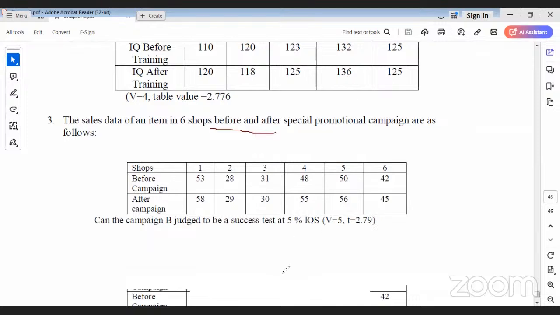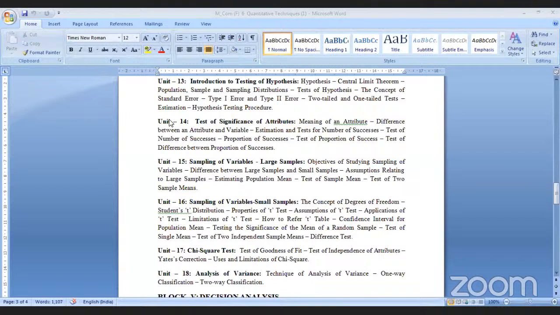Okay, so with this we completed this unit also. Wait a minute. We'll see the remaining chapters. I will share the screen now. Till here, does anybody have any doubt? Okay. Chapters 14, 15, 16 are completed.